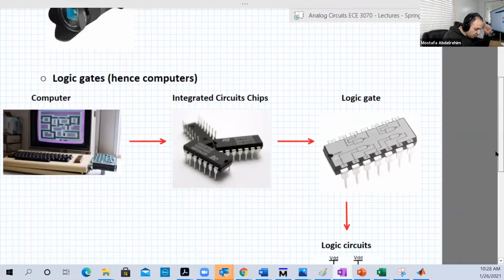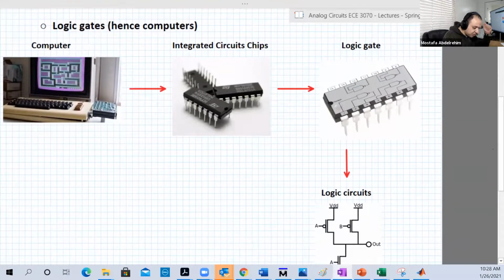Finally, and most importantly, computers. So based again on the devices that we're gonna learn in that course, other than inductors, capacitors, and resistors, we can make, in principle, the main components of a computer. How is that? So here is the computer that you have, or this is a very old one.